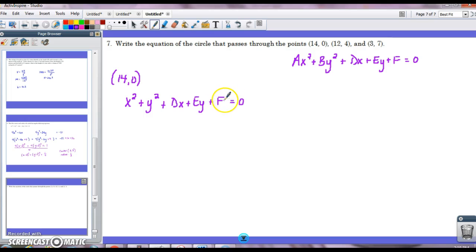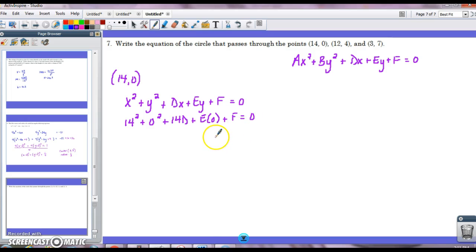So what I'm doing is plugging in these values for x and y. I end up with 14 squared plus 0 squared plus 14 times d plus e times 0 plus f is equal to 0.